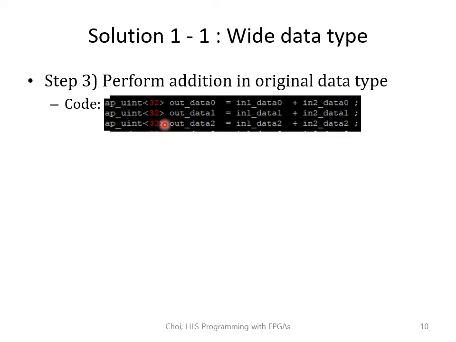The next step would be to do the addition in the original data type, like this. After doing the addition, you obviously want to concatenate the result back into ap_uint<512> type because you want to write the result back to DRAM in 512 bits as well.